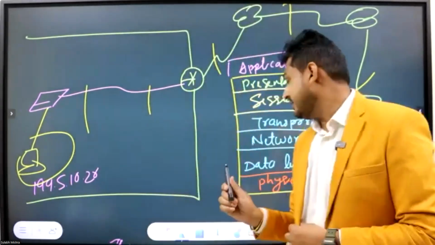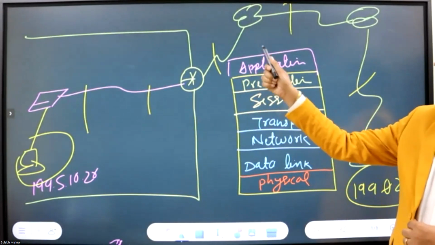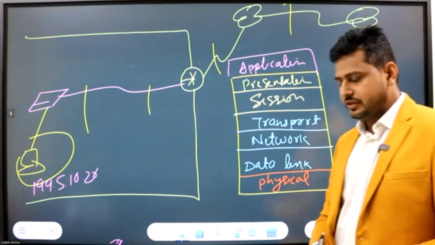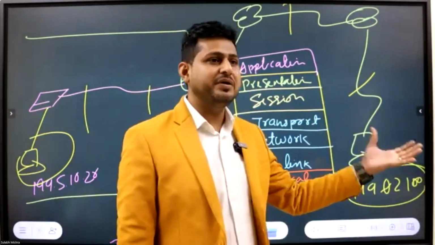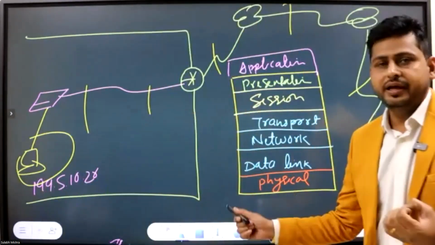So there are 7 layers: physical, data link, network, transport, session, presentation, and application. The OSI model is a standard model which defines how communication happens from source to destination in the form of layers.